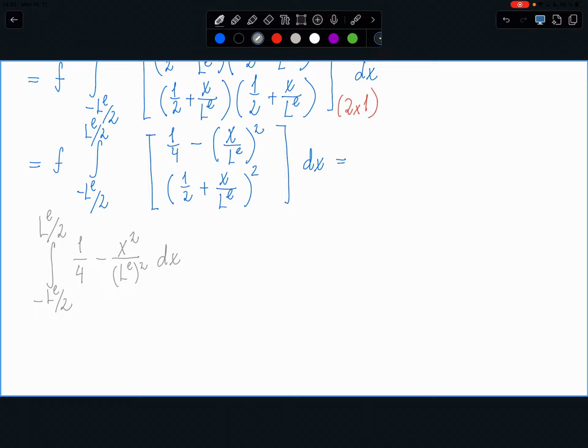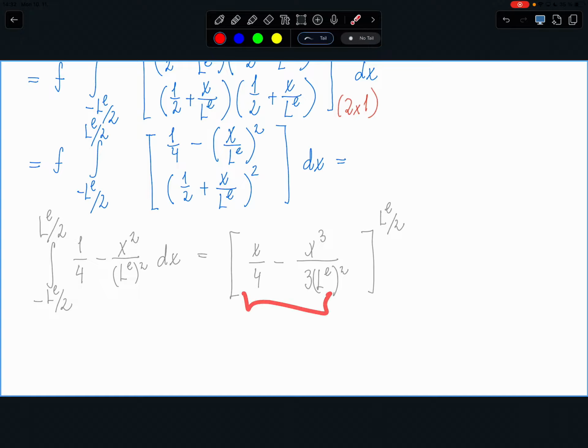So now I use calculus 1 arguments to find out that the primitive function to the function which is here is x over 4 minus x to the third power over 3 LE to the second power, and I need just to take the top bound, substitute it inside, and subtract from it the value at the bottom.